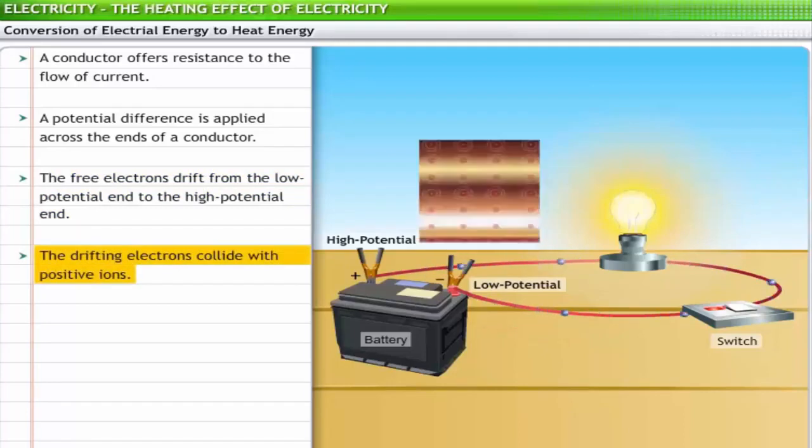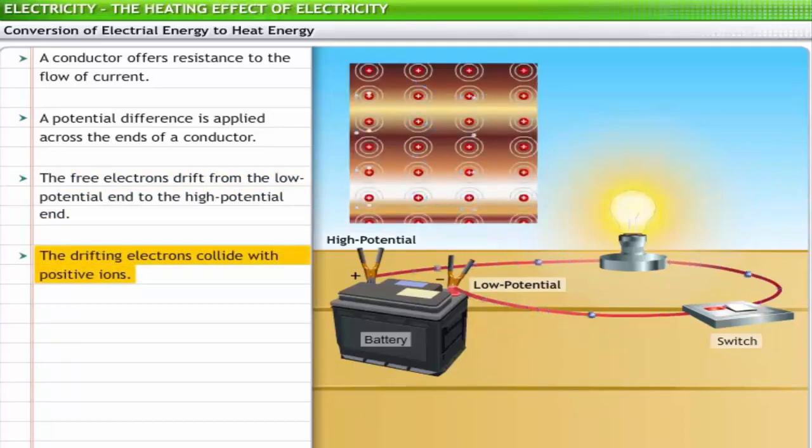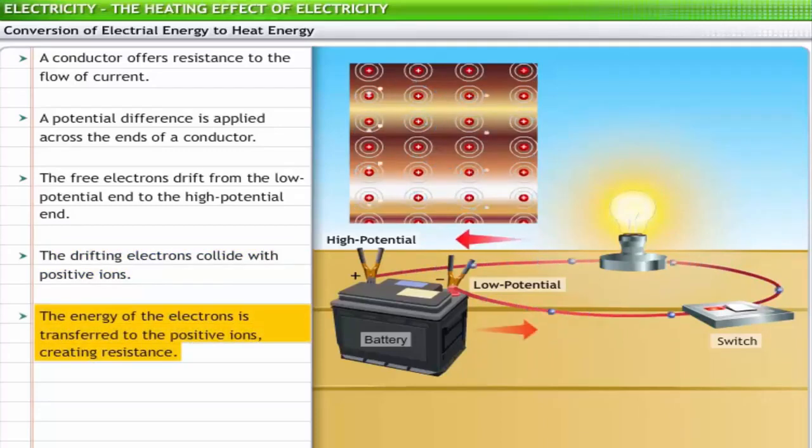These electrons collide with the positive ions, that is, the atoms that have lost their electrons. When the collisions take place, the energy of the electrons is transferred to the positive ions, making the ions vibrate more violently. This creates resistance to the flow of electrons.